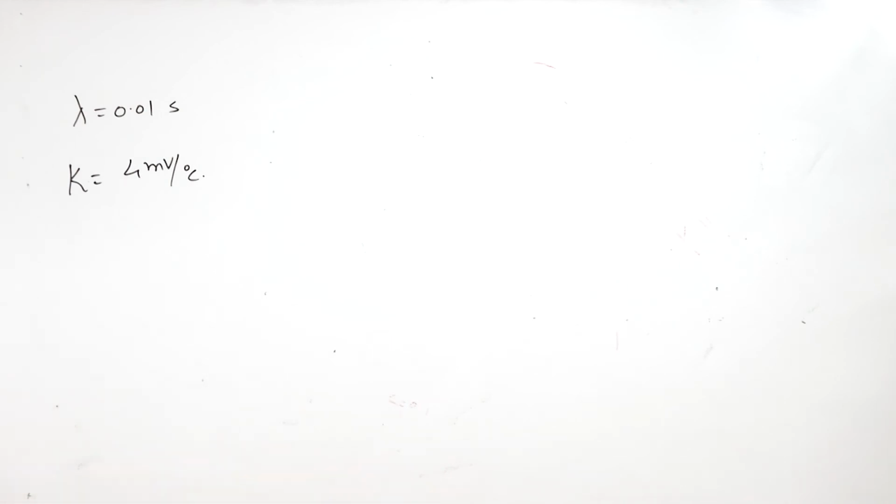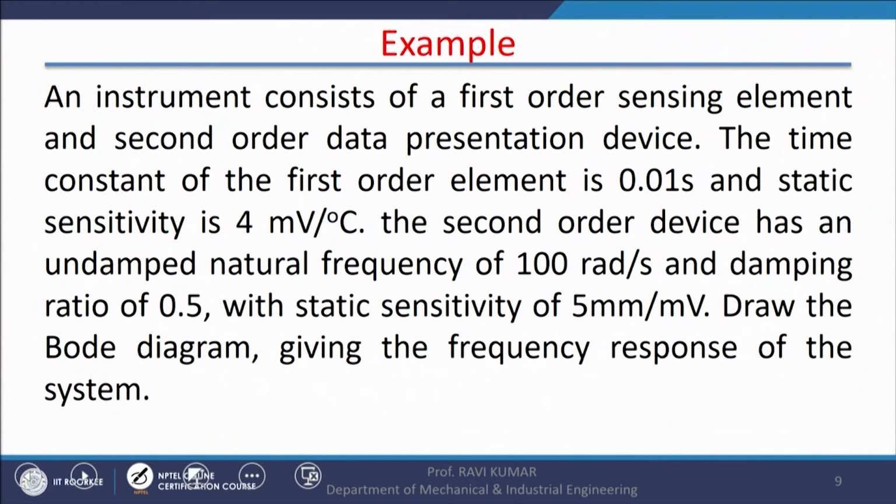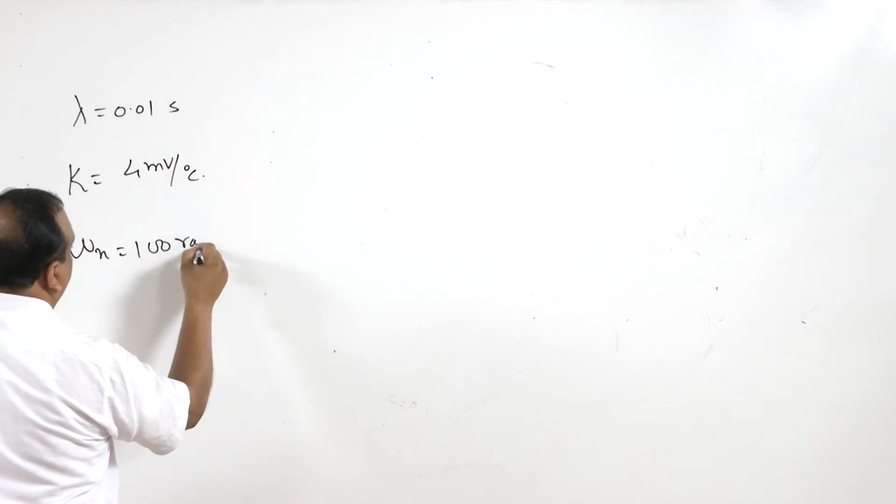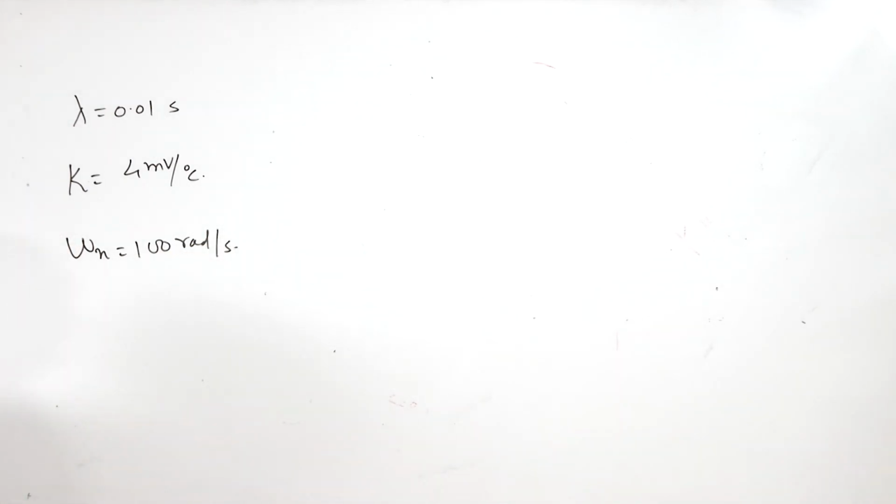Now it has a display unit also, that is a second order device which has an undamped natural frequency of 100 radians per second. This is for the second instrument and they are coupled.